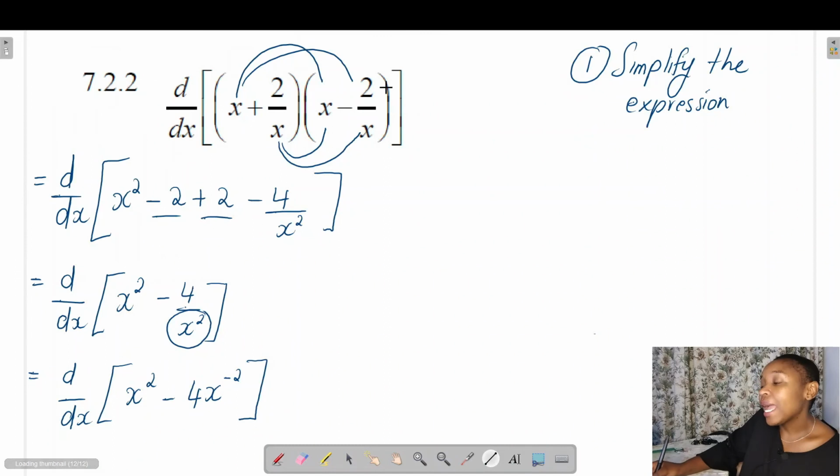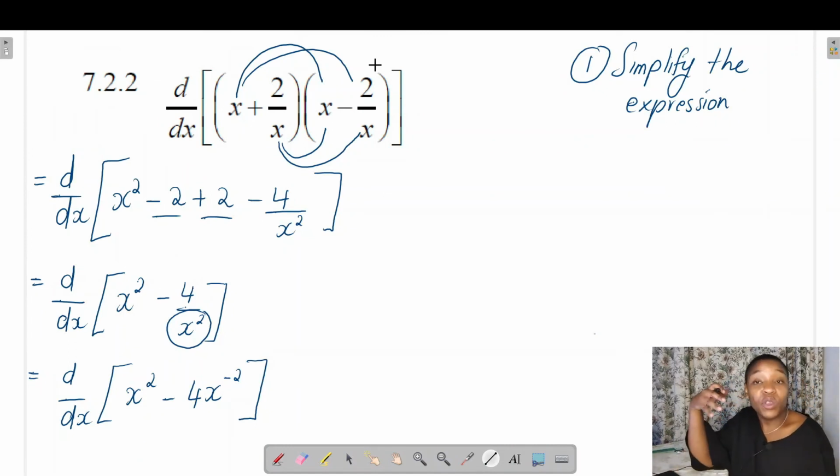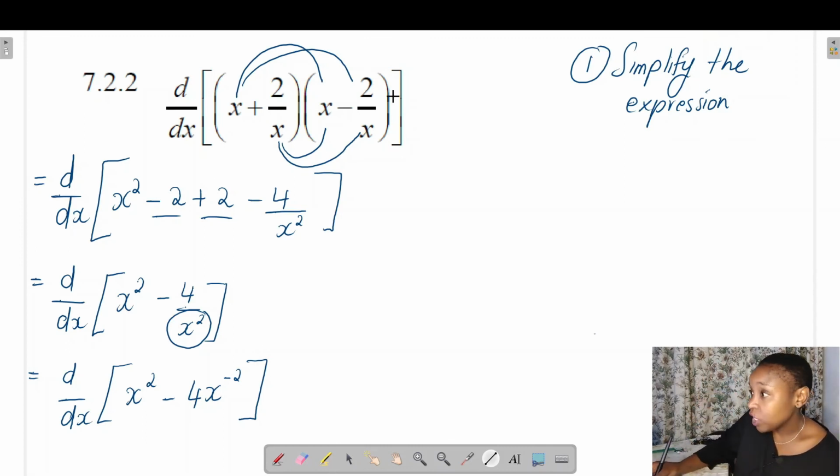So what's important, guys? First, you need to try and see if you can simplify it further. After you've simplified, you apply the rules of differentiation to solve your equation. So where do you get your marks here? For question 7.2.2, you get a mark for showing x squared minus 4x minus 4 all over x squared.